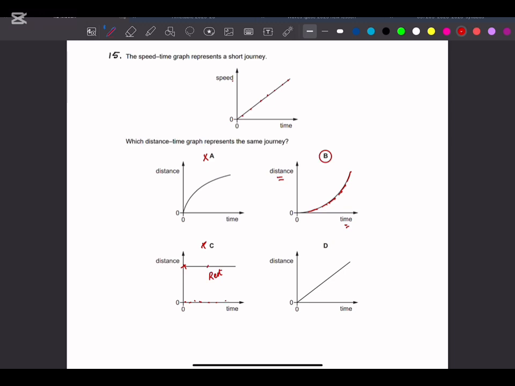And again here you have the situation where the speed is constant, because the slope of the distance time graph is nothing but speed, which is constant in this case. So we need a situation where the velocity or speed is increasing. So our option is nothing but B.